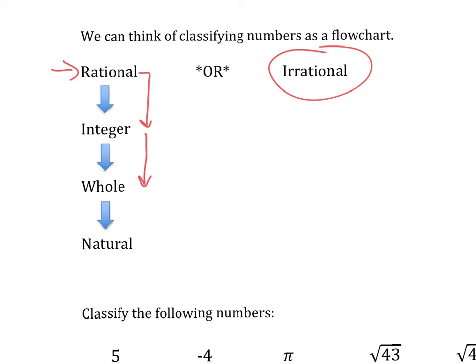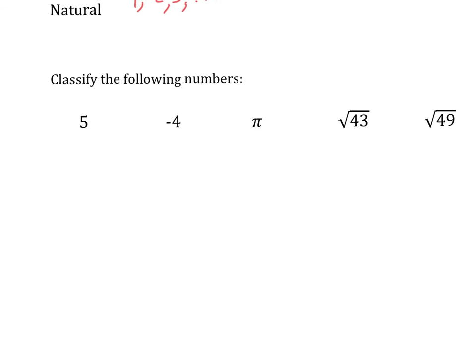Or then is it a whole number? The whole numbers are like 0, 1, 2, 3, and going on. And then is it a natural number? Natural numbers are our counting numbers, and we're not really going to talk too much about those. That's all of the whole numbers except for 0, so just 1, 2, 3, etc. Keeping on going.